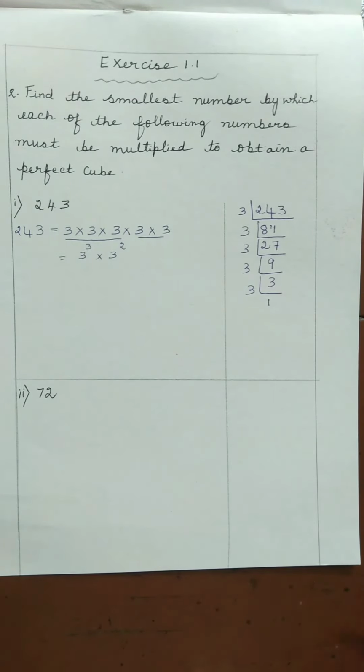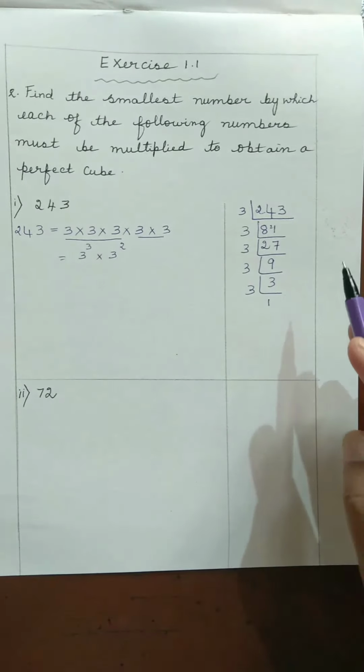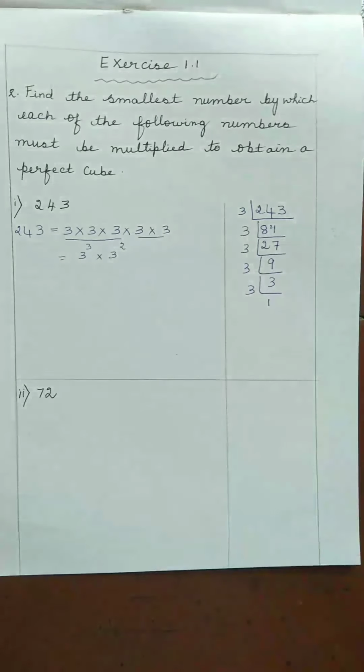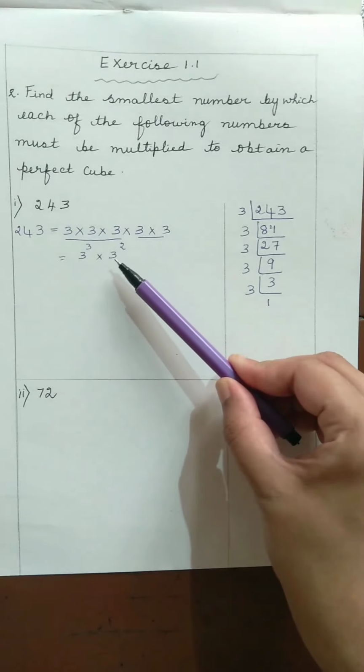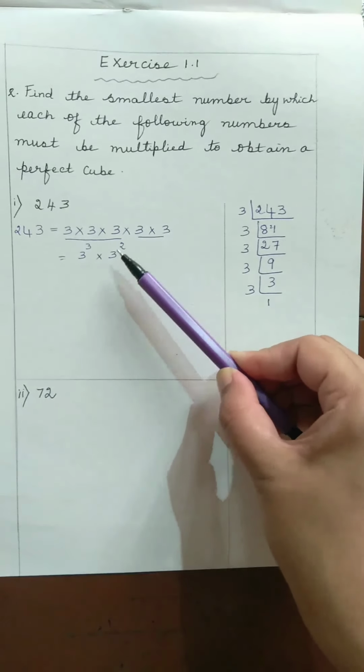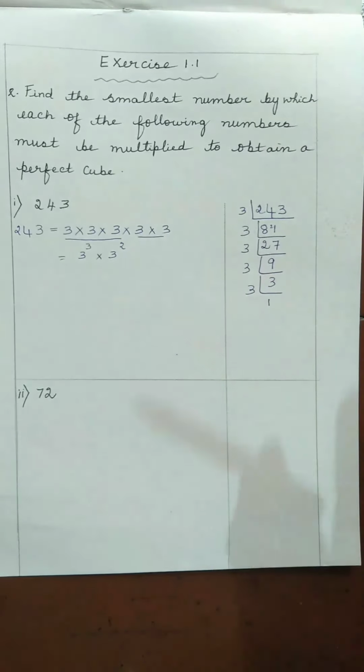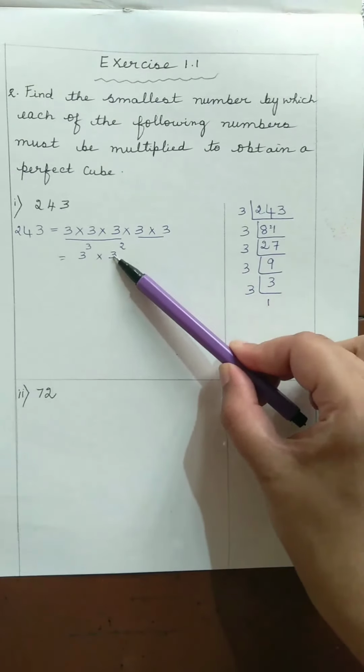So we know that in the prime factorization of any number, if each factor appears 3 times, then the number is called a perfect cube. Whereas in 243, the prime factor 3 does not appear in a group of 3, because we have 3 square.